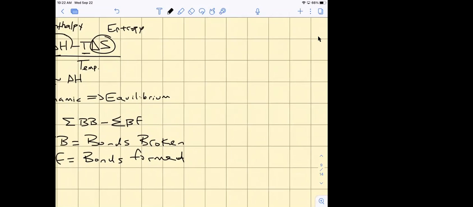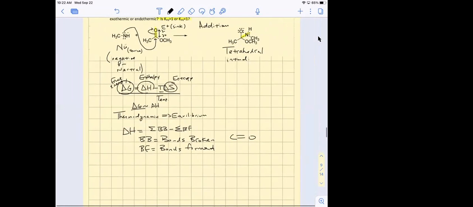Yes, we broke a carbon oxygen pi bond. And then what do we make? Carbon to nitrogen bond. Excellent. A CN sigma bond. We broke a CO pi bond and we made a CN sigma bond.